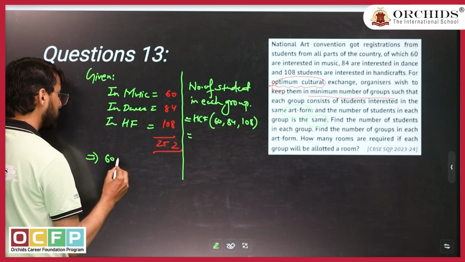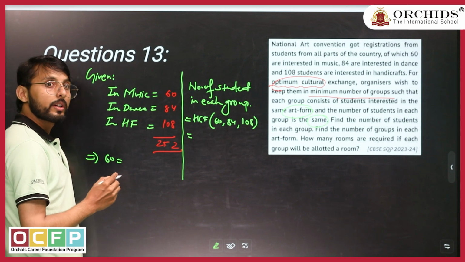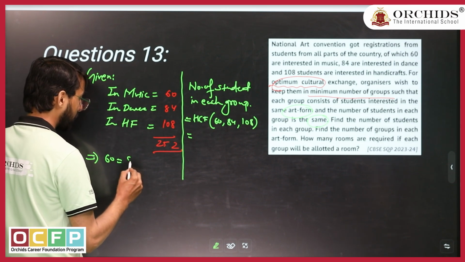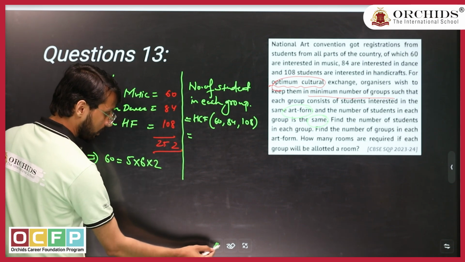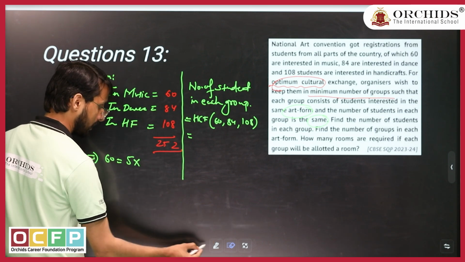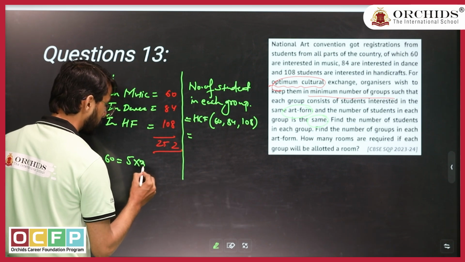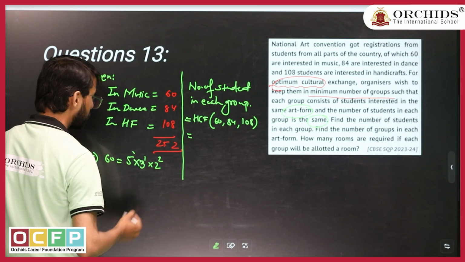60 you can break into 30 into 2, and 30 you can break into 5 into 6. So we are getting 5 cross 6, 30 into 2. That 6 you can also break into 2 into 3. So I can write 5 into 3 to the power 1 and 2 to the power 2. Now 4, 3, 12, 5, 60.